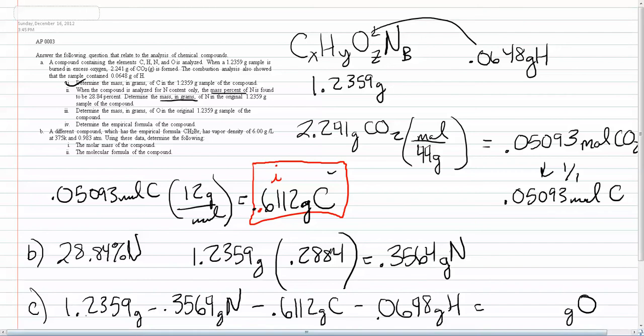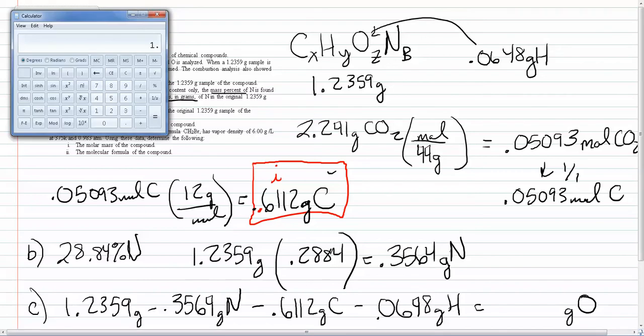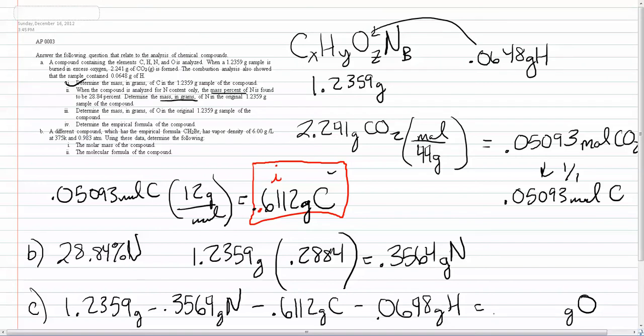So once again, bringing back our calculator. 1.2359 minus 0.3564 minus 0.6112 minus 0.0648. We get 0.2035.